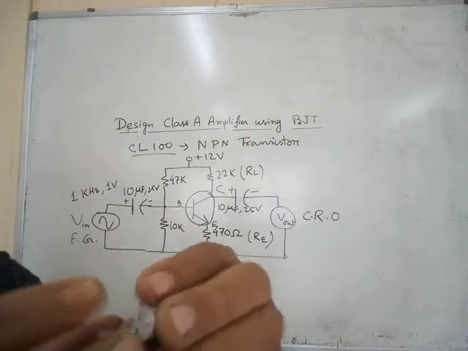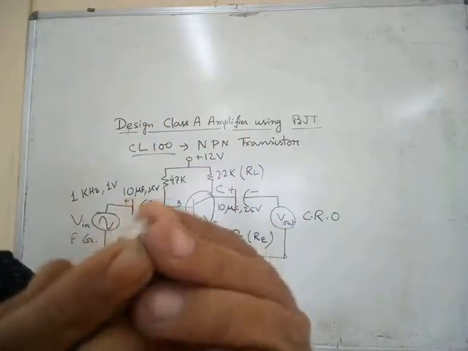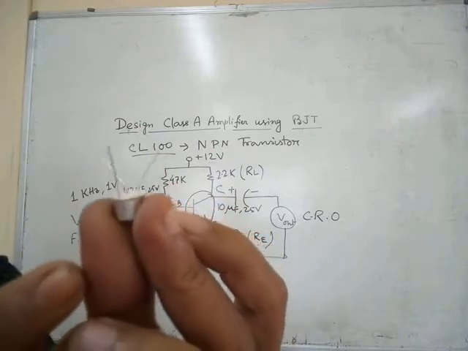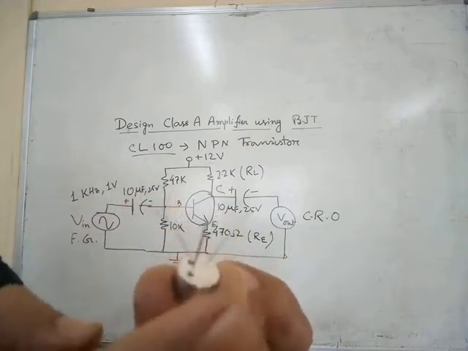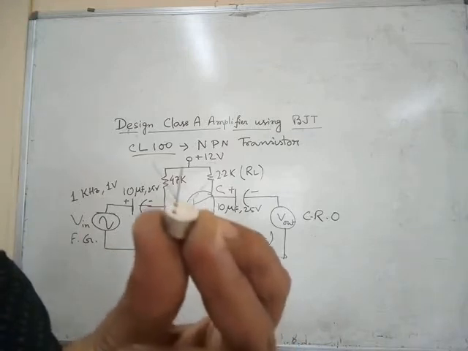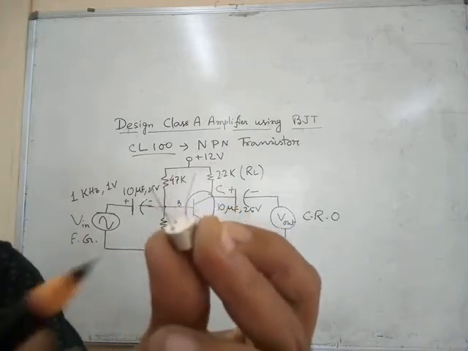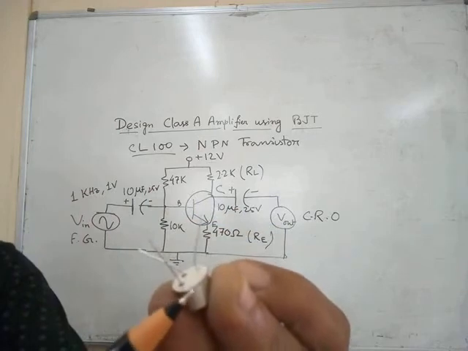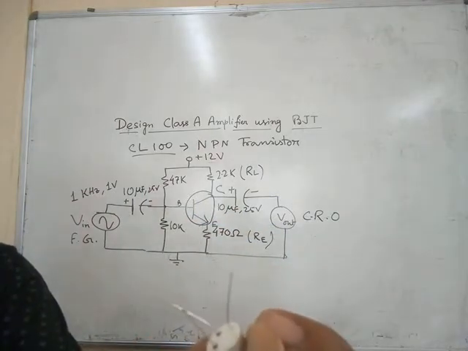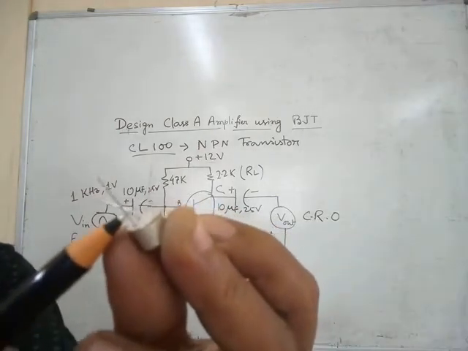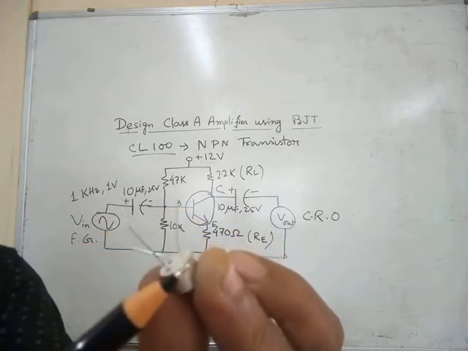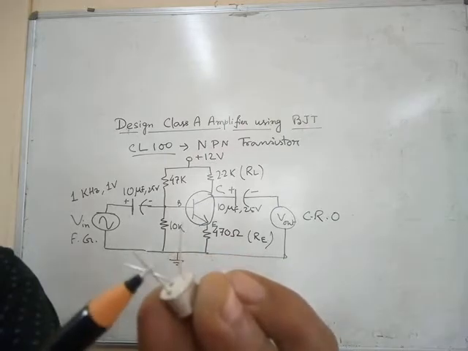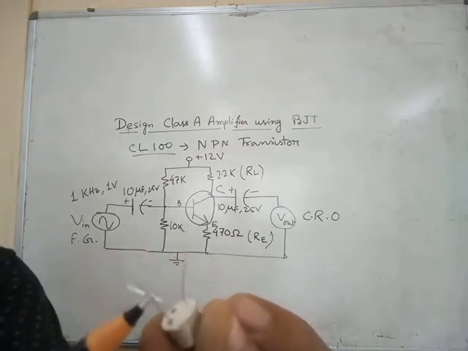There are 3 pins. This point is called the notch, and near the notch it is the emitter.